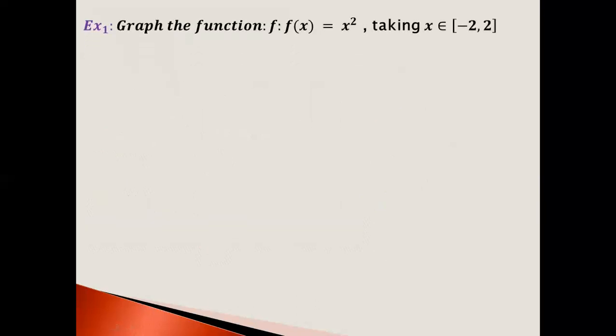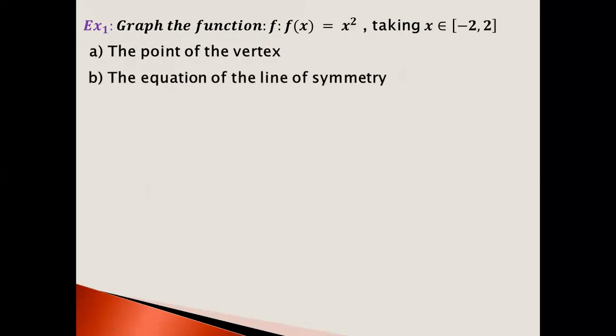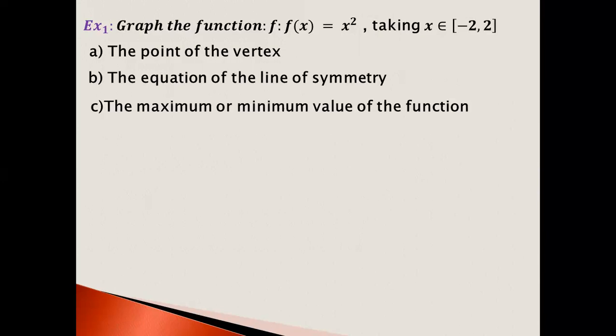Example. Graph the function f of x equals x^2, taking x belongs to the closed interval -2 and 2. And then we need to find the point of the vertex and the equation of the line of symmetry and the maximum or minimum value of the function.